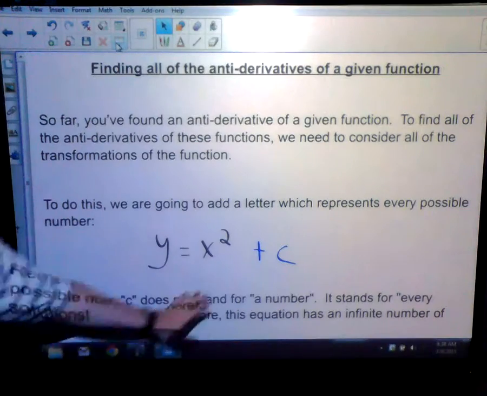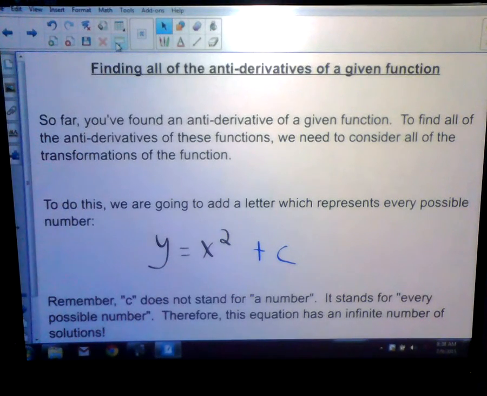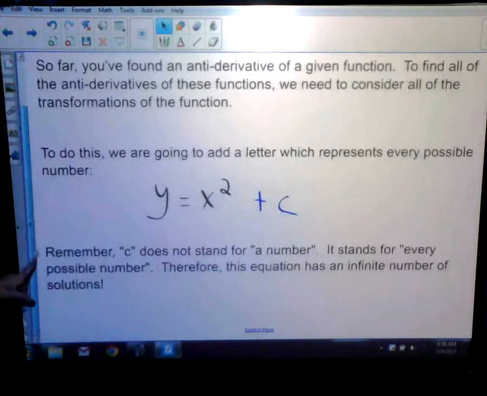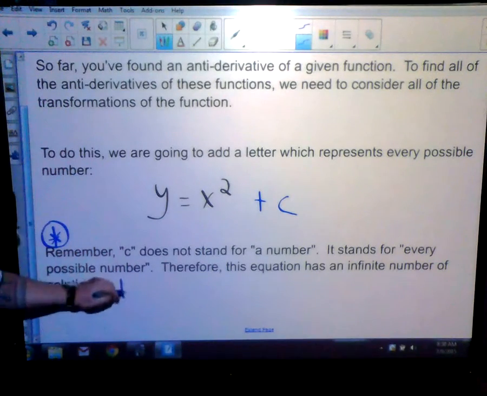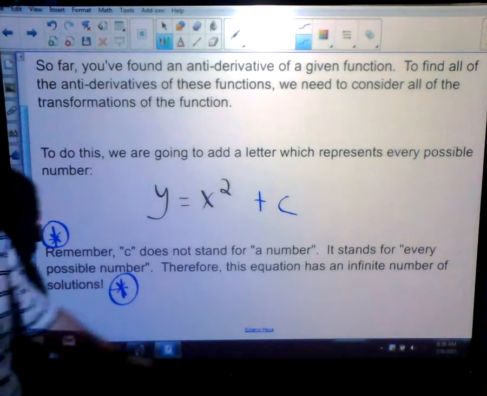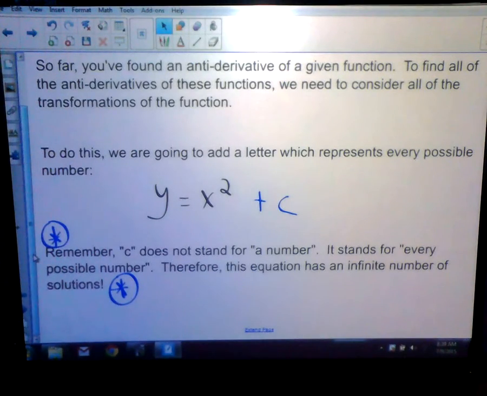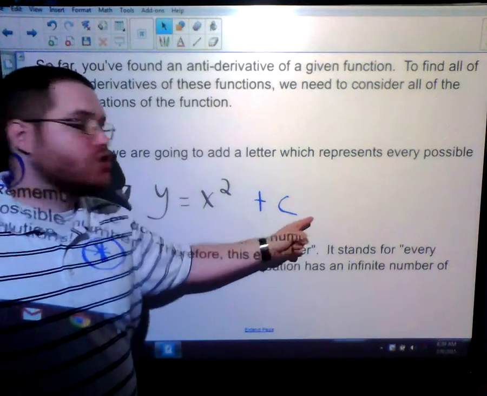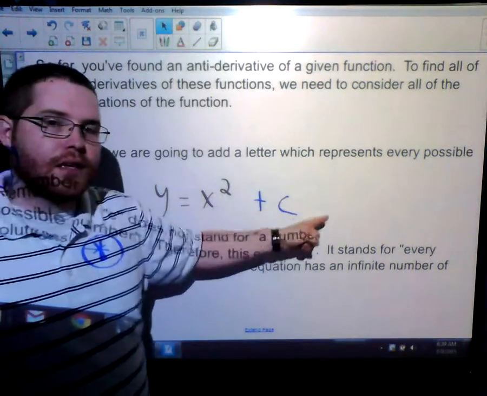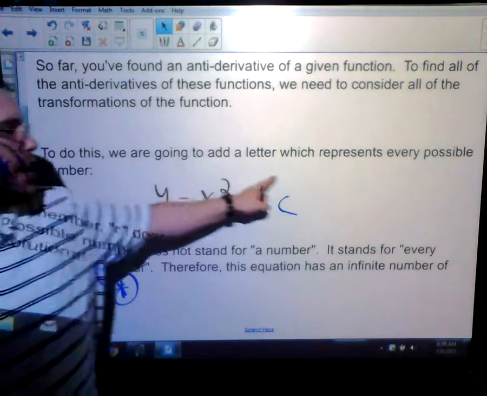We're going to add a plus c. C represents all the numbers possible. Now this is really important to understand here. This is a big concept that people have trouble with. Normally C just means a number. But in this case, C means every possible number. This is all real numbers. So this is not one graph. This is an infinite number of graphs. Well, what do those infinite number of graphs look like?